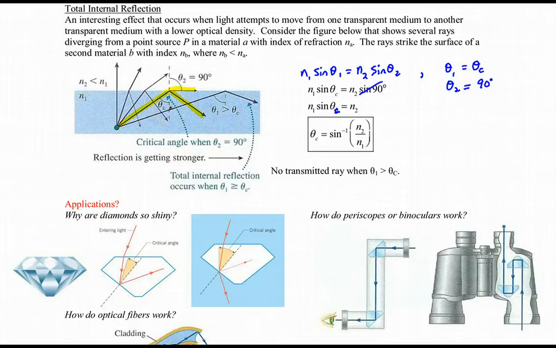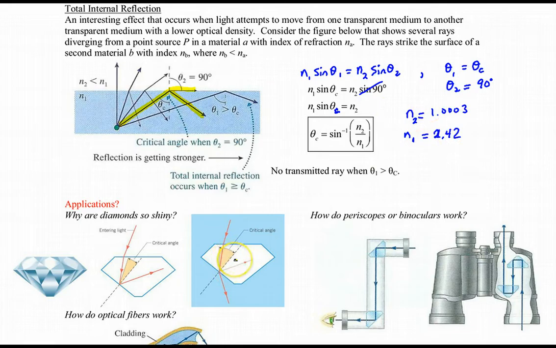Now, the critical angle is going to be different for a variety of substances. For example, air is 1.0003, so we'll call that n2, and then if you do, say, diamond, it's actually quite high. It's 2.42. And so now, if you do the critical angle for that, you're going to find that angle is quite small.